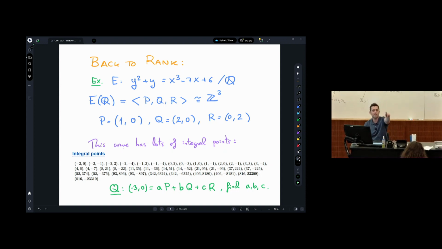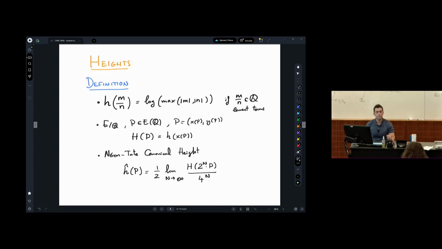Yes, Vanessa? So I see that this formula comes as a rate of the growth of the naive height by the action of multiplying by 2. And you're dividing by 4 to the n because that's the degree of the action, I guess, but I don't see what it is.